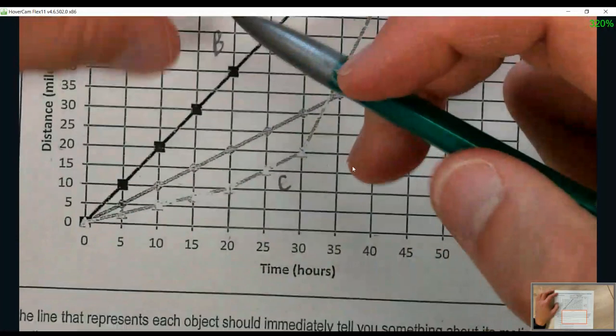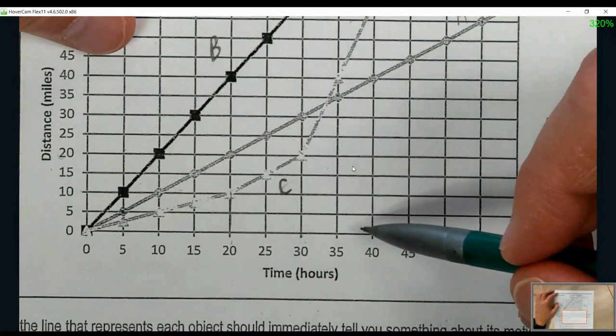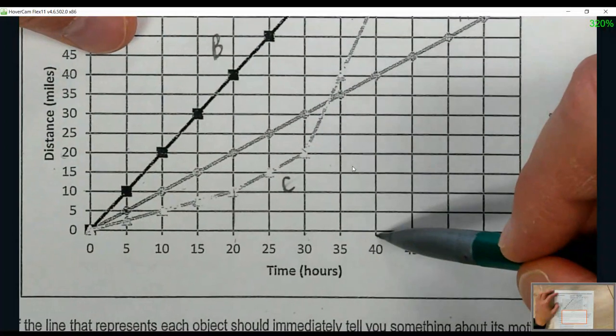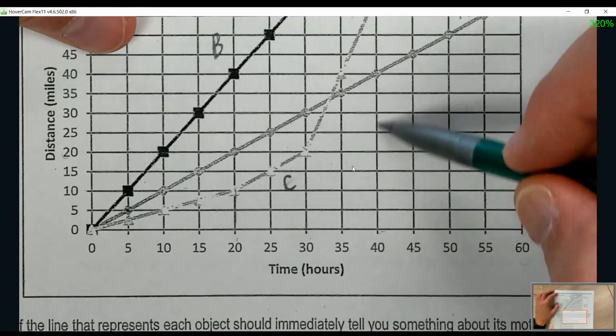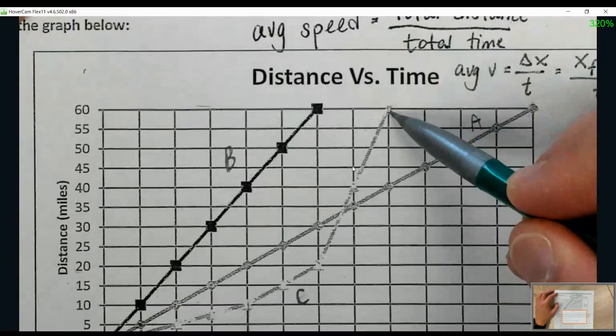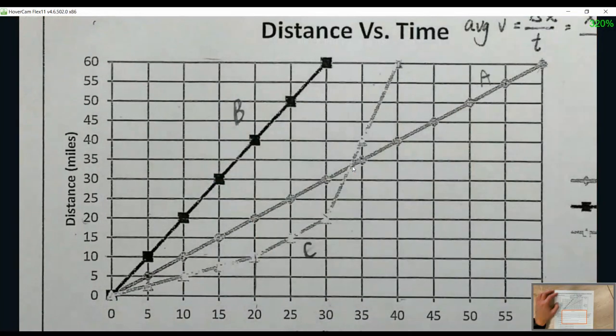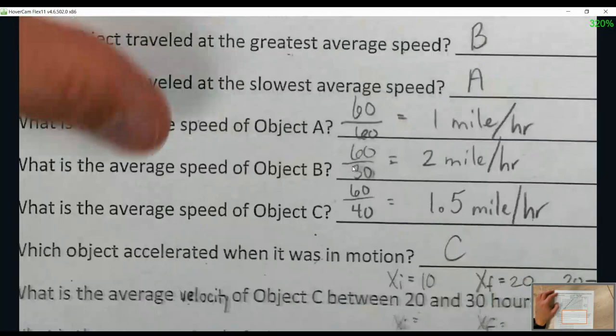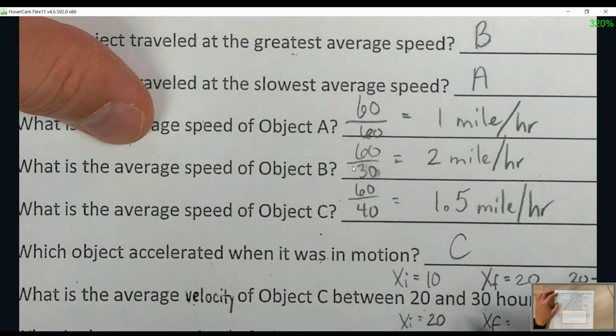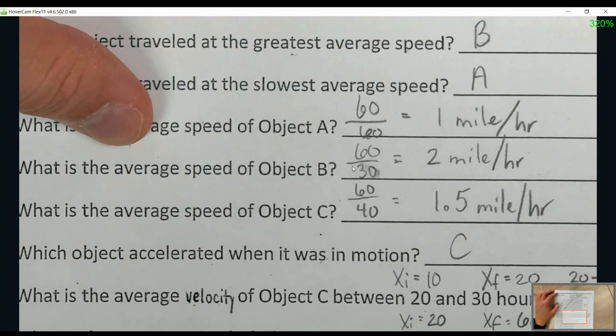You're at 20. So xi would be 20. And then they said the time of 40 hours as your second time. So go to 40, go up, and then go across. You're at 60.